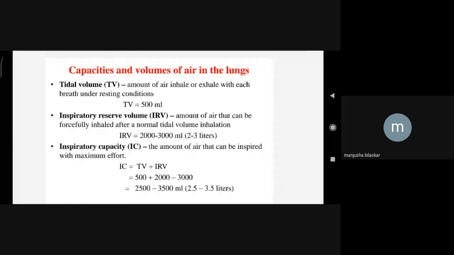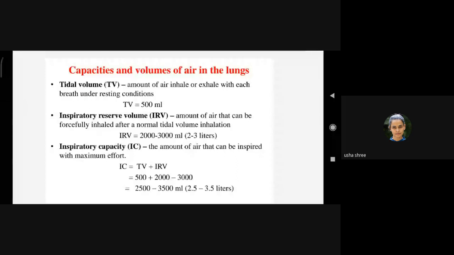What is the difference between tidal volume and inspiratory reserve volume, ma'am? Like tidal volume, when we are breathing normally, we just inhale about 500 ml.